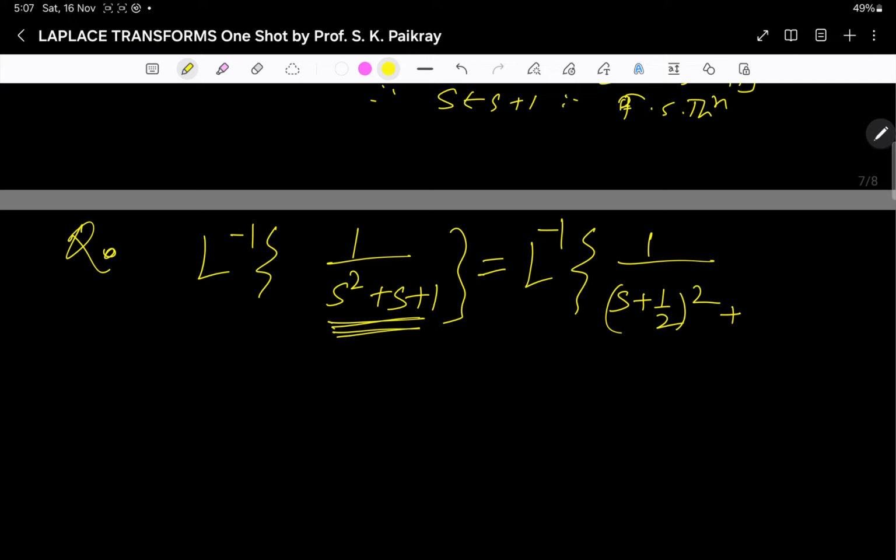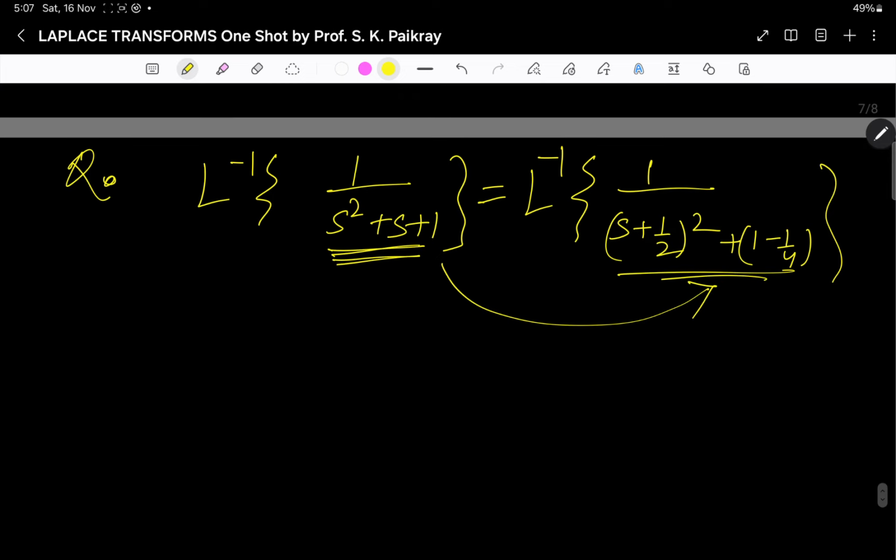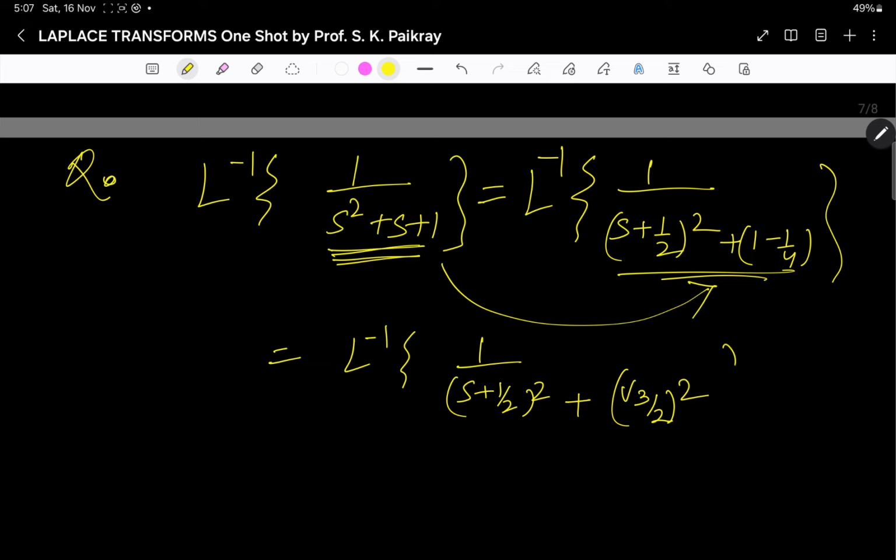To balance it, we have plus 1 minus 1 by 4. You see, it is adjusted now, right? So that is equal to L inverse of 1 by (s plus half) square plus (root 3 by 2) whole square, is not it?